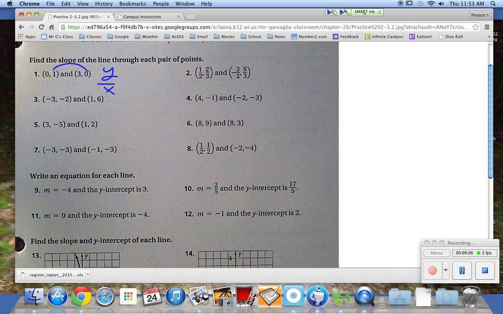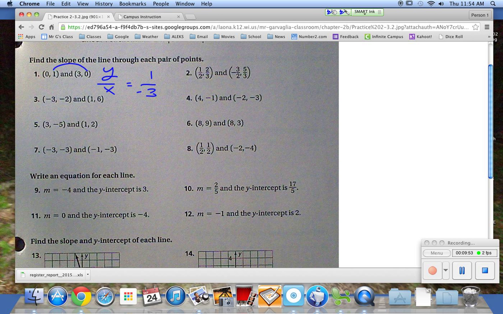If I go 1 to 0, it's 1. What's the difference here if I go 0 minus 3? Negative 3. See it in your head: 0 minus 3, 1 minus 0. If you can start seeing that in your head, you can figure out the slope real quick instead of having to write it down. But make sure you can do it correctly.